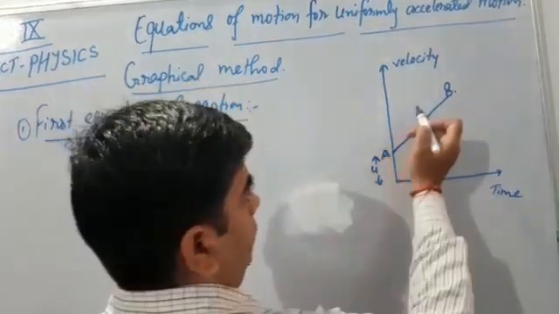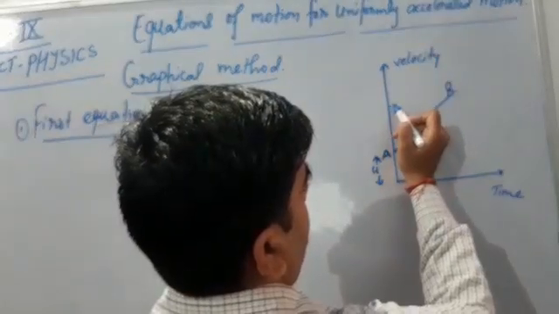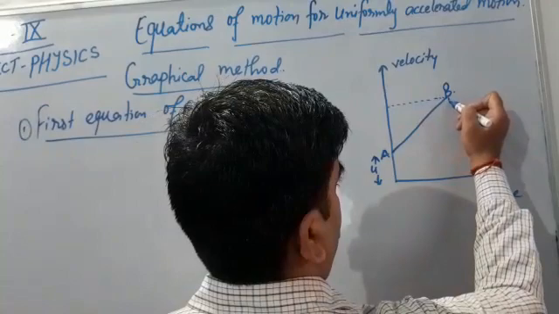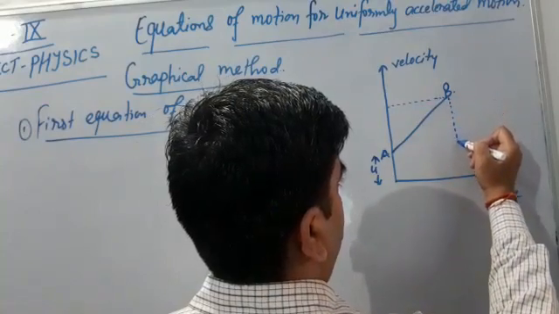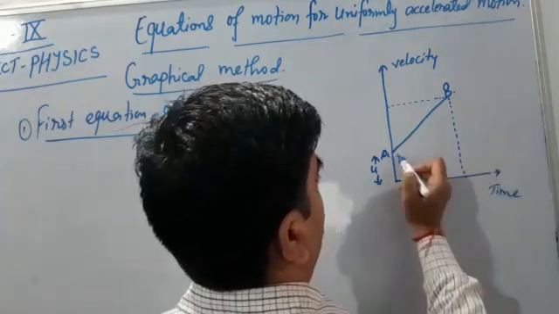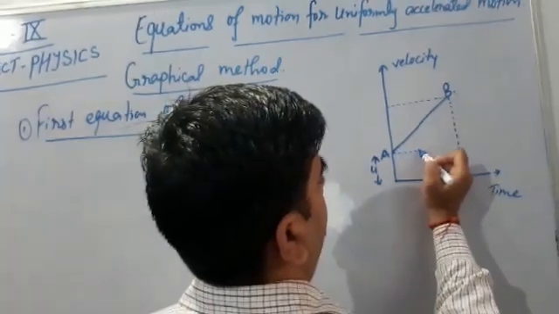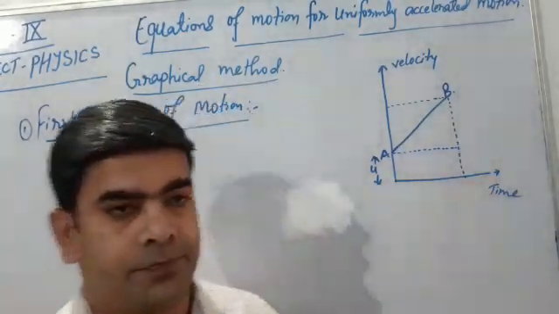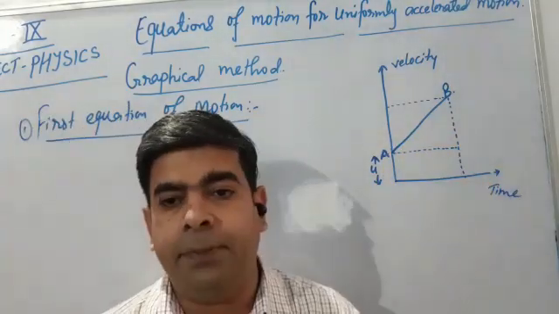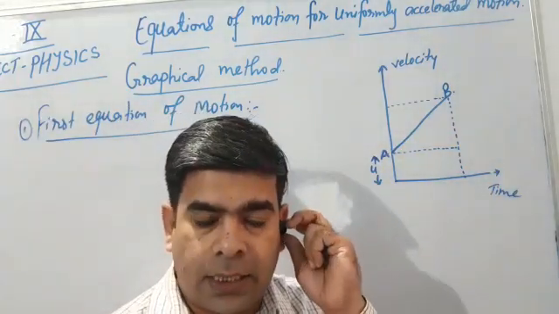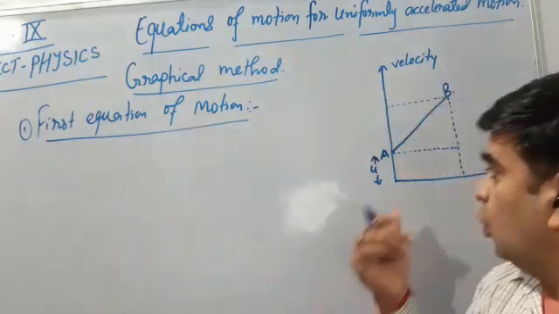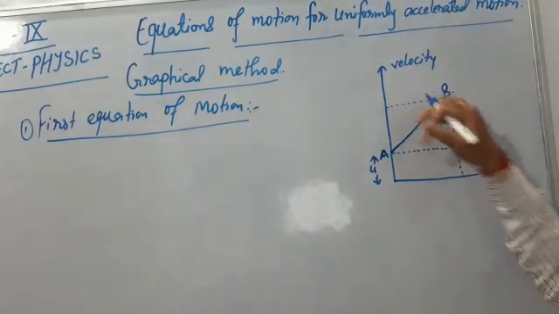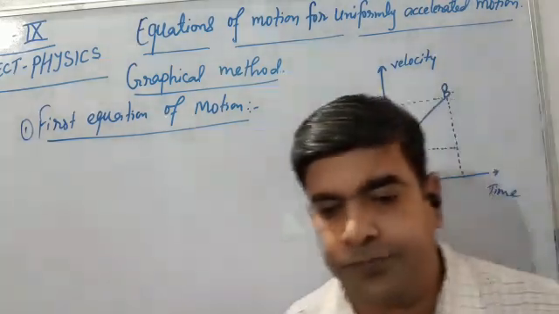Now, we just join the points. Here AB is just the slope of this velocity-time graph.